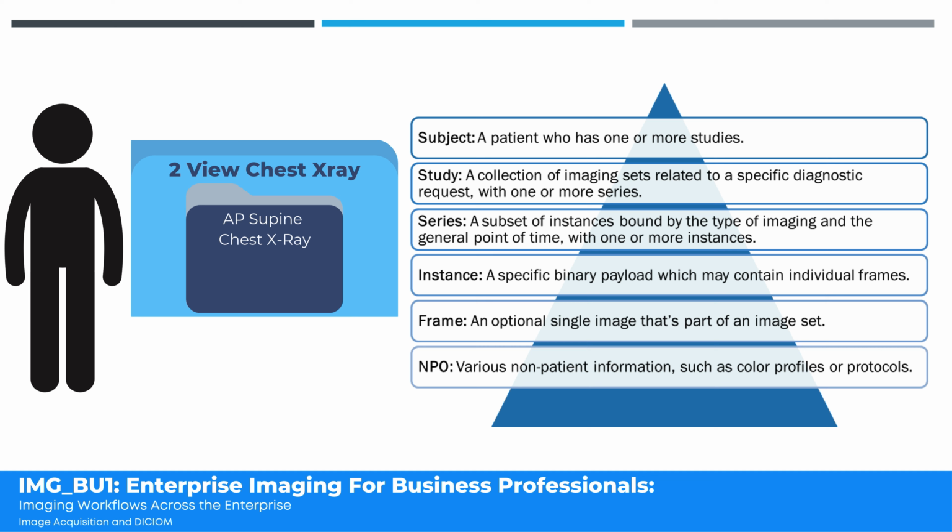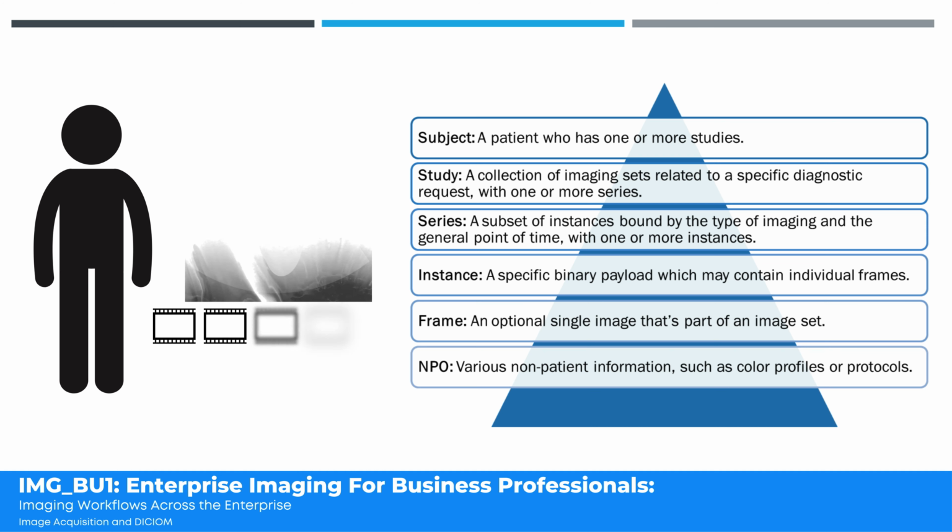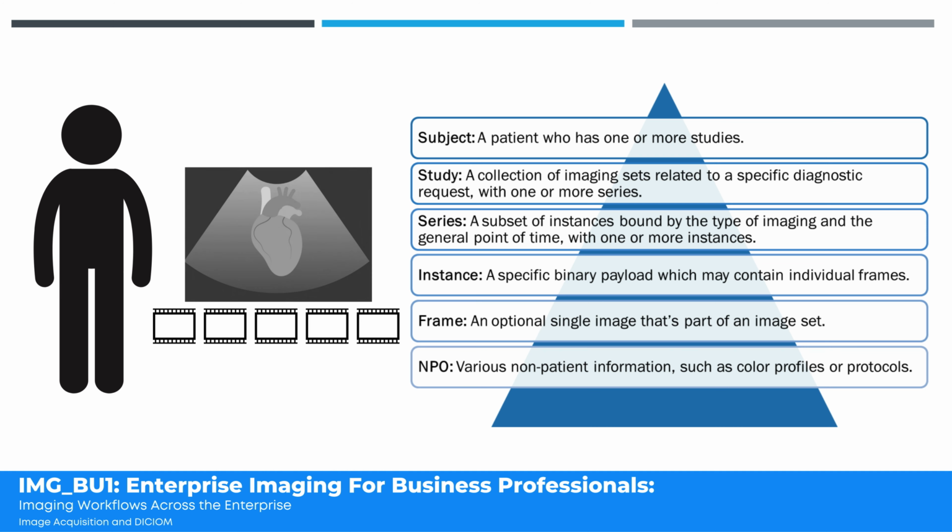Now, if we zoom in a bit closer and look at one of those images, this is the specific binary payload, the actual DCM file itself, but within that, we could have something where there's frames.